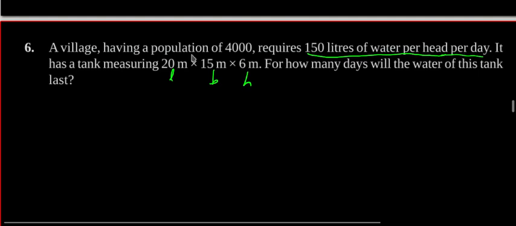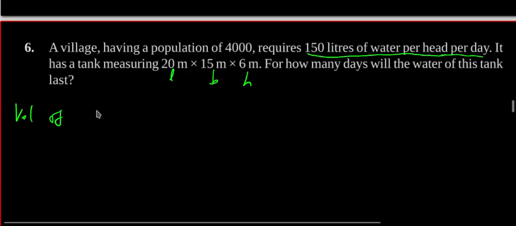The second statement is, it has a tank measuring this dimension. For how many days will the water of this tank last? So how many days will this water last? We need to find that. So first let me arrive at the volume of the whole tank. The dimensions, length, breadth and height, are given.